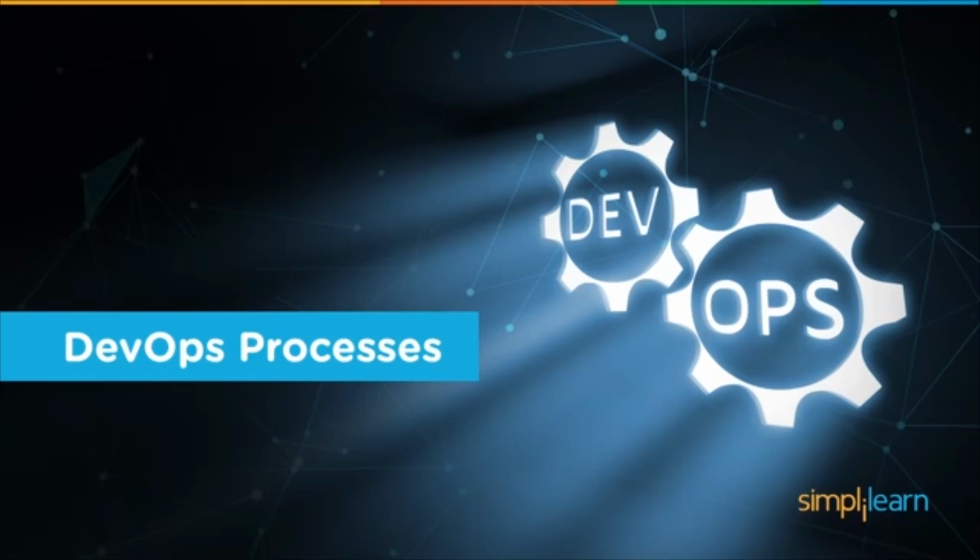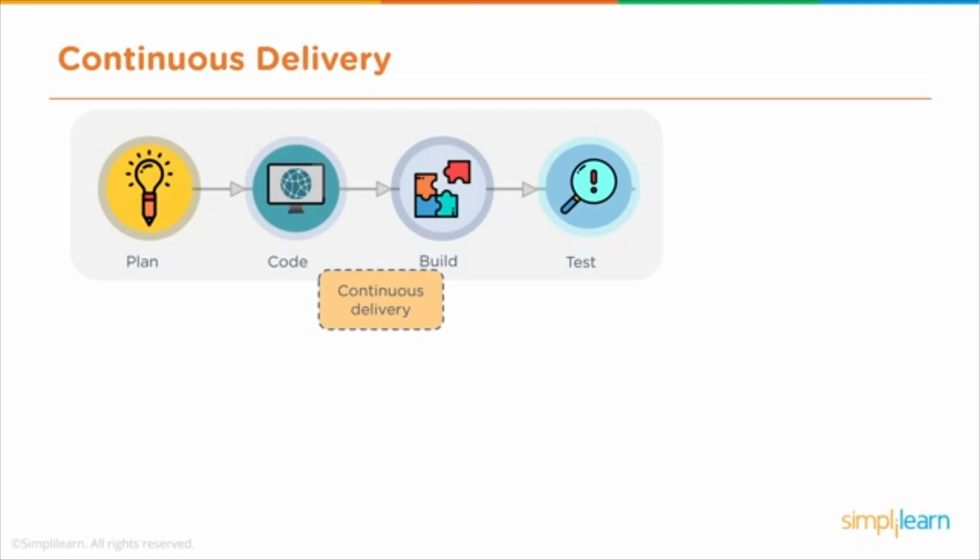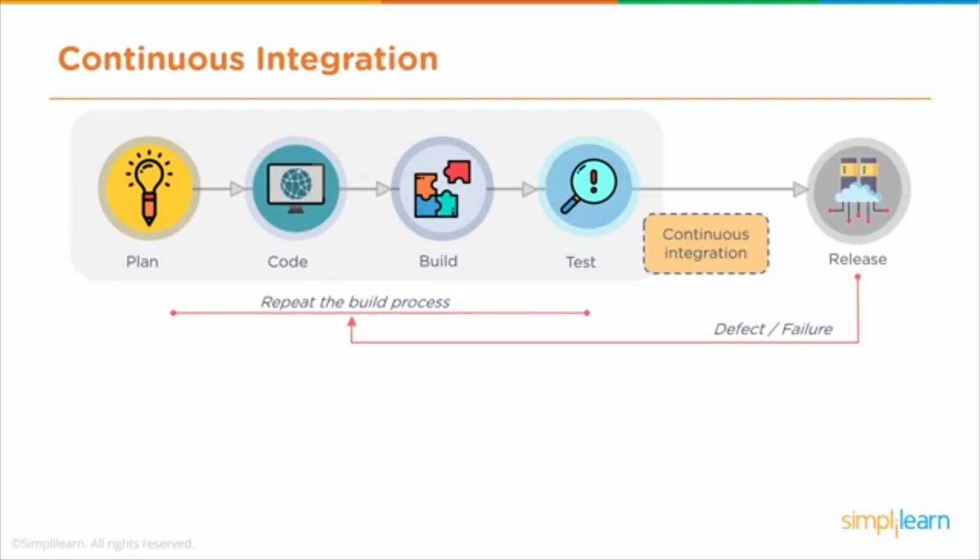So let's step through this DevOps process. So we go through and we have our continuous delivery, which is our plan, code, build, and test environment. So what happens if you want to make a release? Well, the first thing you want to do is send out your files to the build environment, and you want to be able to test the code that you've created.